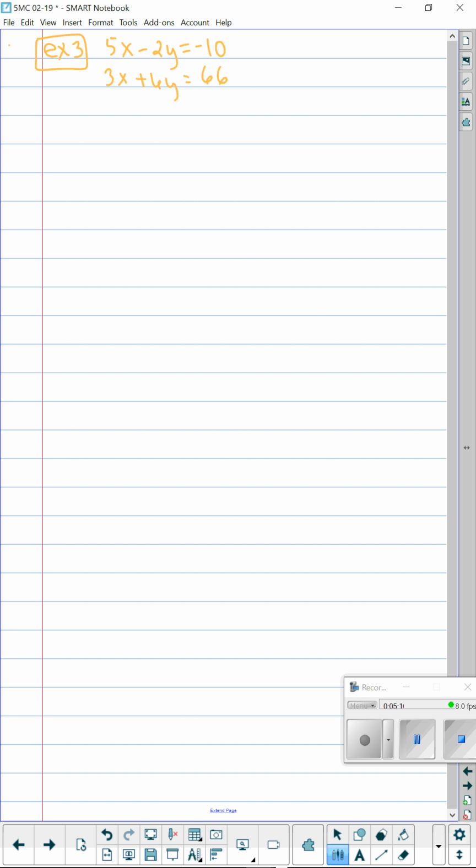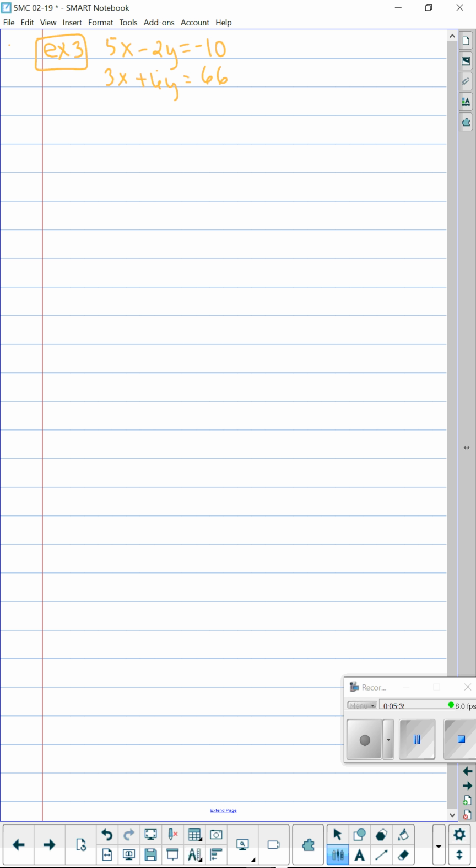So now we don't have any equations that start x or y equals. We don't have a zero pair. We don't have two that are exactly the same. And now we also don't have a variable that doesn't have a number in front of it, like our first two examples. So now we have to look to the x's and the y's to see if there's something that we could multiply by in order to create the zero pair.